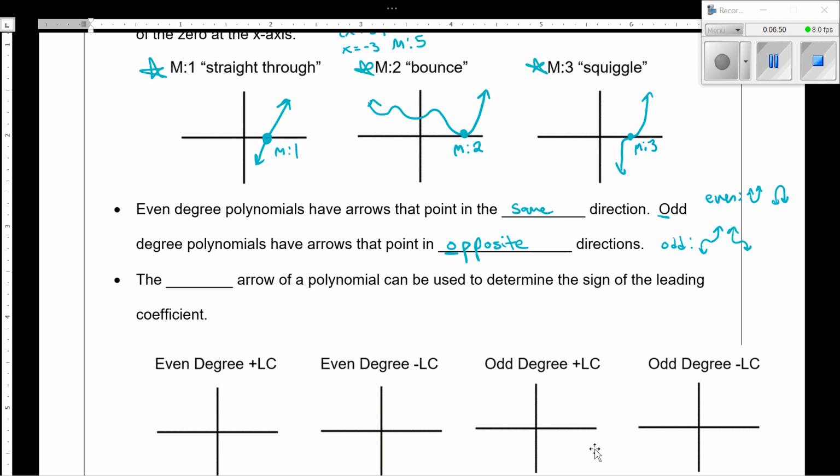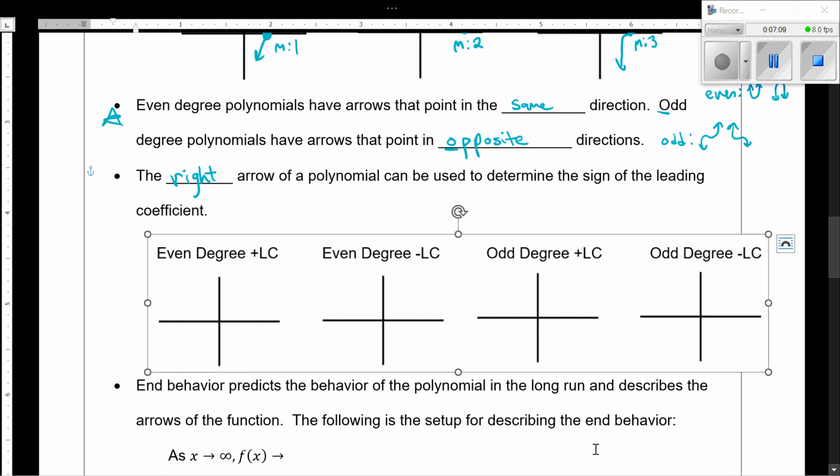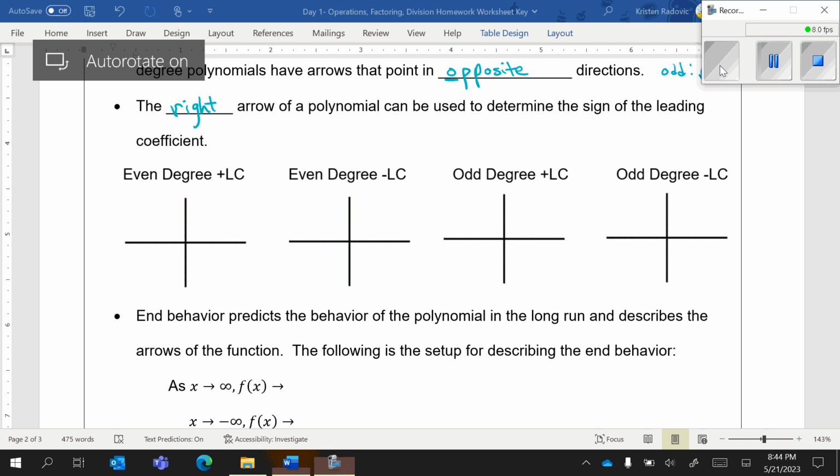That is important for you to know as well. If you want to know whether your arrows are going up or down, you have to look specifically at the right arrow of a polynomial. It can be used to determine the sign of your leading coefficient.